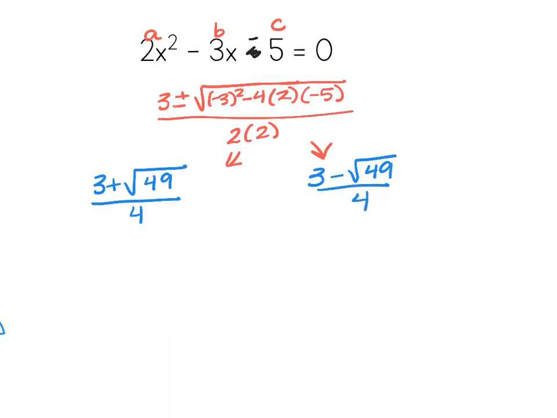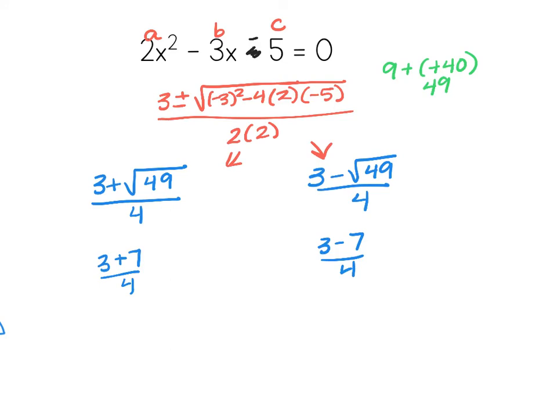And I get that 49 because inside the radical, it's 9 minus 4 times 2 is 8. 8 times negative 5 is negative 40. Keep, change, and that becomes 49. So I have 3 plus 7 over 4, 3 minus 7 over 4.